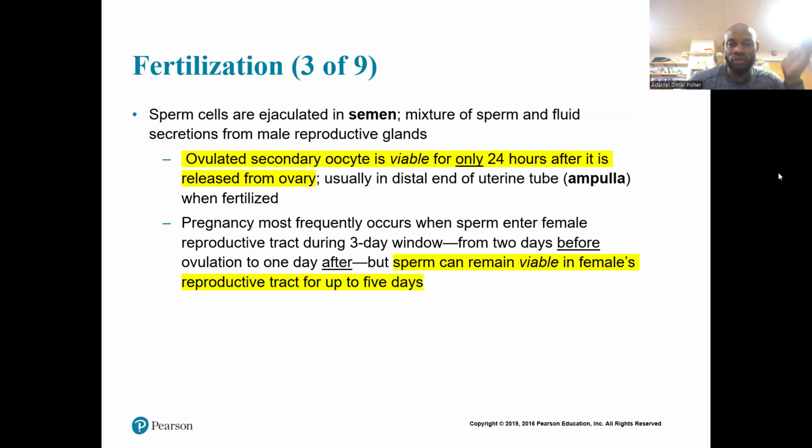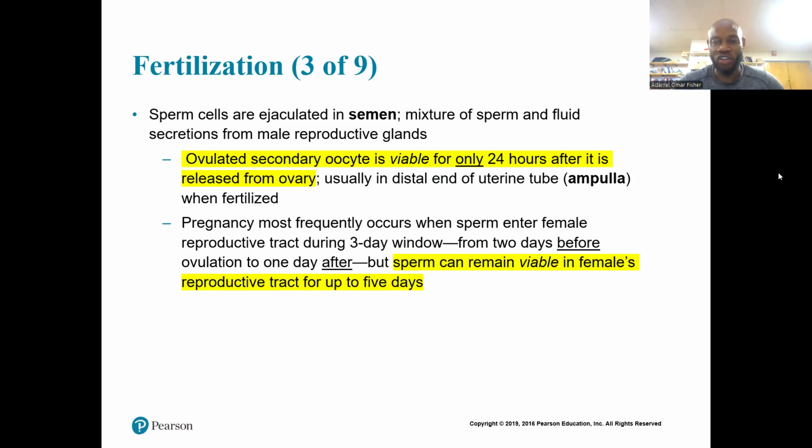Sperm cells get ejaculated in semen when the man and the woman have come together. That semen is a mixture of sperm and fluid secretions. The ovulated secondary oocyte is viable for about 24 hours after it is released from the ovary, when the woman can become pregnant.